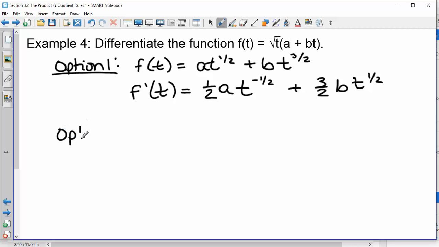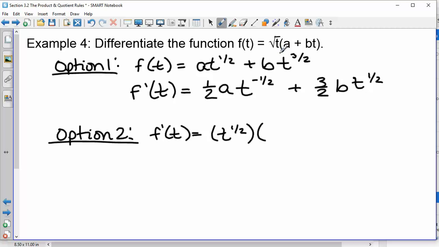If we did product rule here, it would be the first, so t to the 1/2, times the derivative of the second. What would be the derivative of a plus bt? b, right?